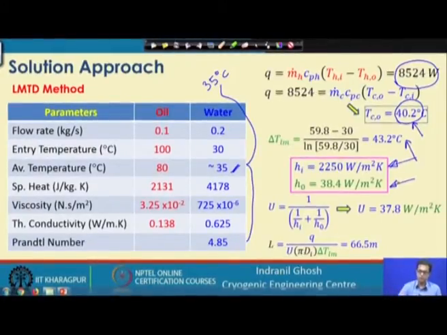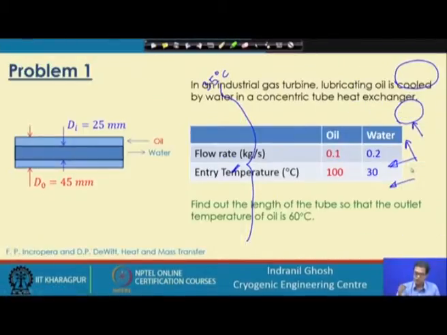Please look into this problem, that in this problem what was given was the internal diameter and the outside diameter were both given.